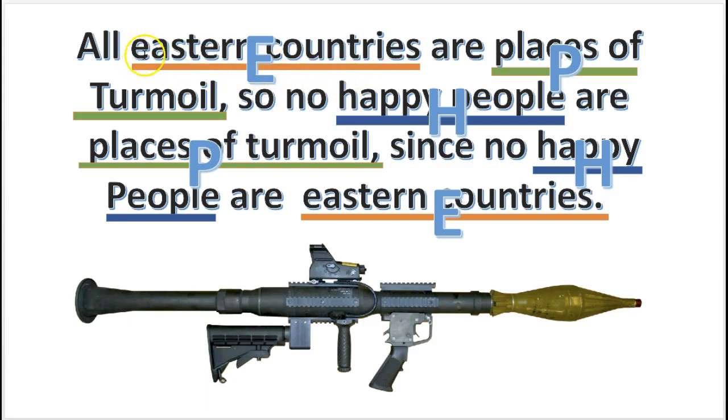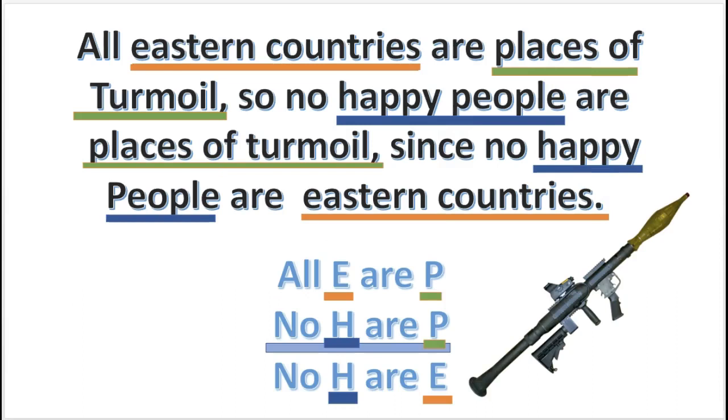We'll just put an E. Makes it much simpler and smaller. And for places of turmoil, we'll replace it with P, just for the first letter, and so on and so forth. Makes it much easier to evaluate the form. And we'll write the form right here. All E are P, so no H are P, and no H are E, etc.